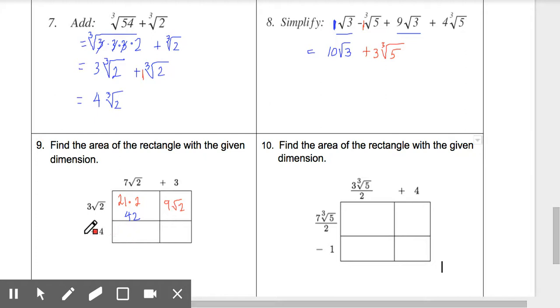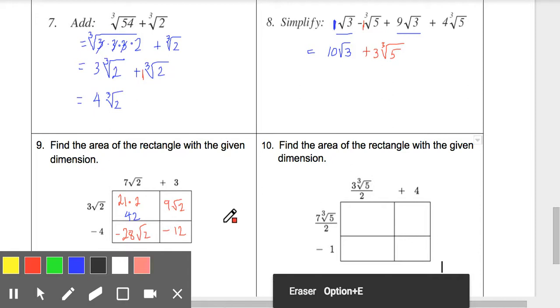Now, this one is negative 4 times 7 square root of 2. So we multiply negative 4 by 7. That's going to be negative 28 square root of 2. And then negative 4 times positive 3 is negative 12.